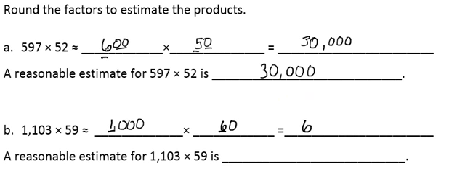If I take 1,000 times 10, I get 10,000. So my final answer would be 60,000. 6 times 10,000 would be 60,000. So a reasonable estimate for 1,103 times 59 is 60,000.